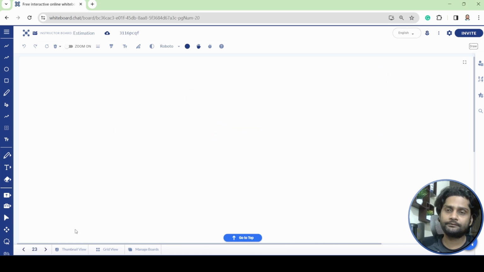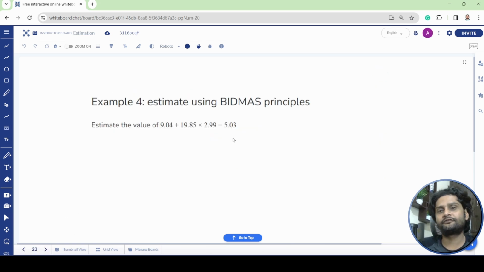Let's take one more example where we have to perform calculation using BIDMAS or BODMAS, whatever you say. We still have to follow the same rule, students. First of all, we need to round these numbers correct to one significant figure. Now this time, students, you have to be careful that we have a decimal number.